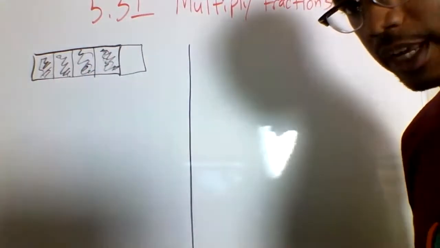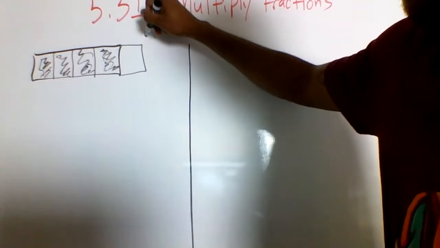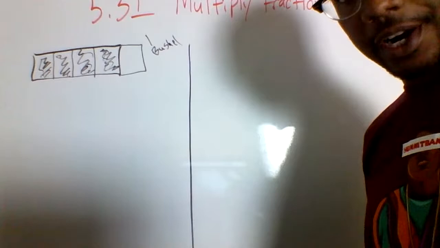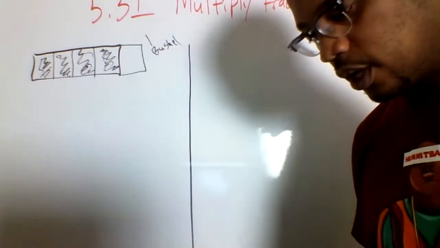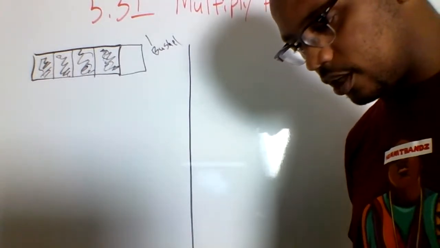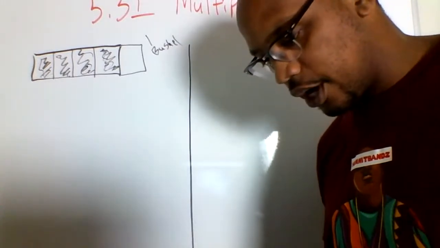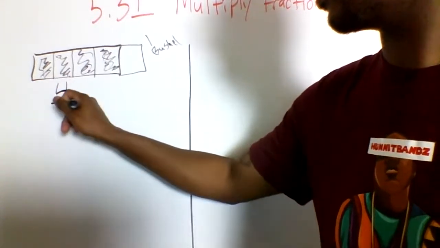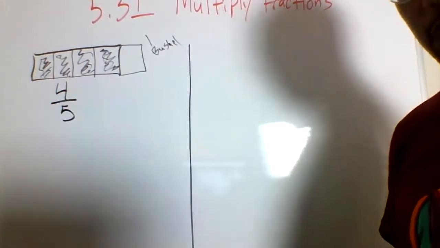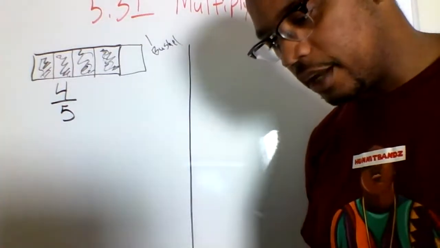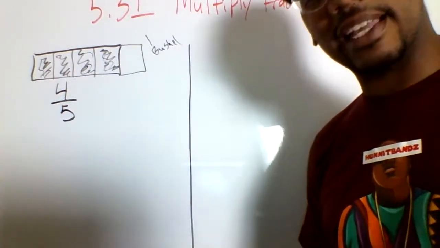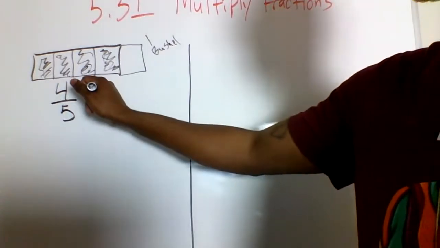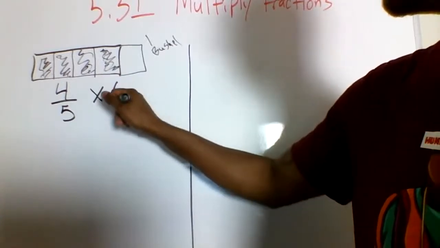But then at the bottom, it said that this is 1 bushel, right? So if that's 1 bushel, then that means in each hour, there was 4/5, right? And the question says, how many bushels of apples were picked in 6 hours? That means 4/5 each times 6.